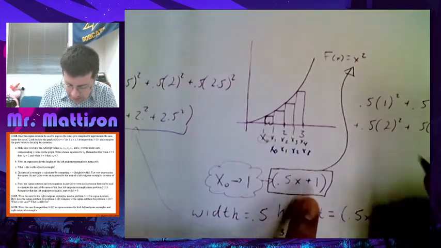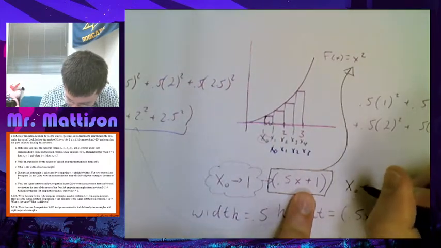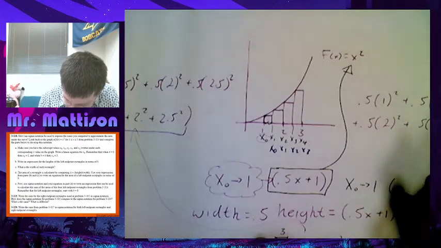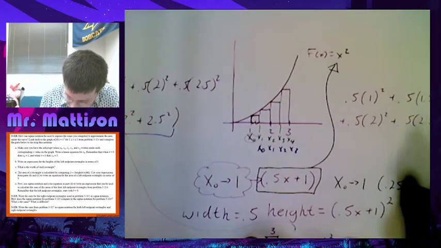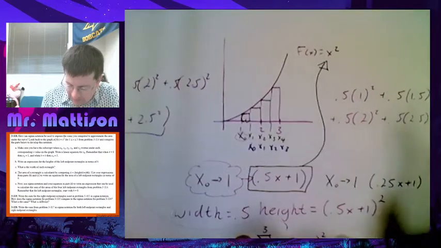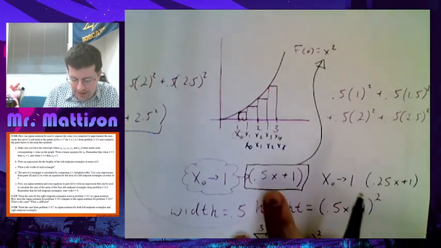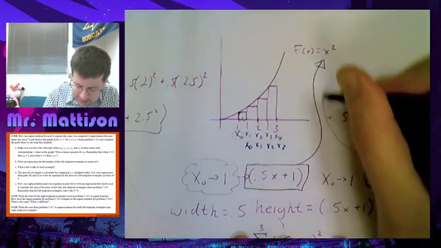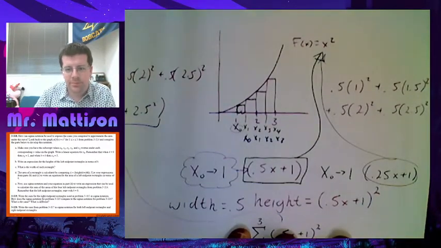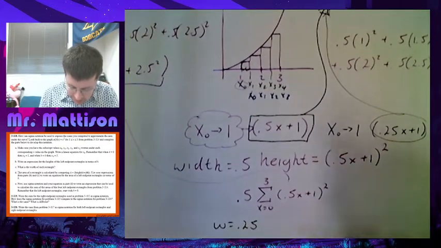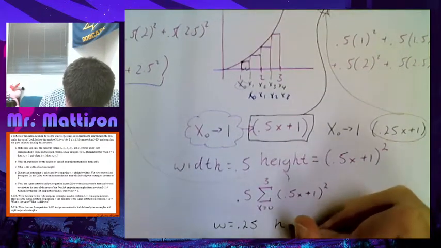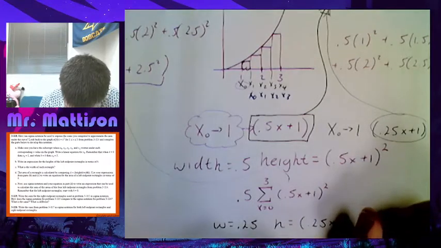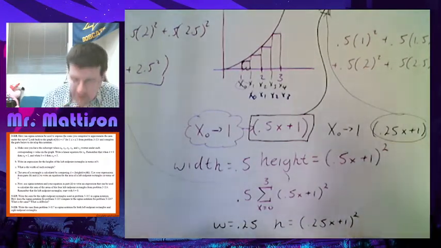So then our equation that takes our knots into numbers is going to be 0.25x plus 1, because I'm now counting by 0.25s, not counting by 0.5s. And then I plug this in there. So my height is going to be 0.25x plus 1 squared.